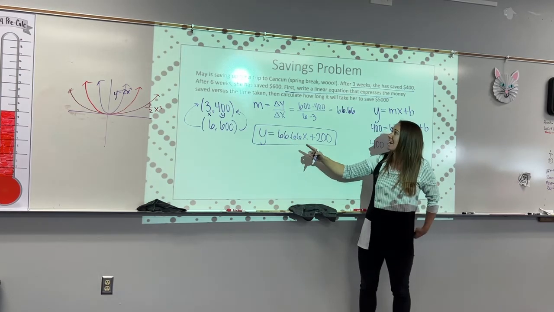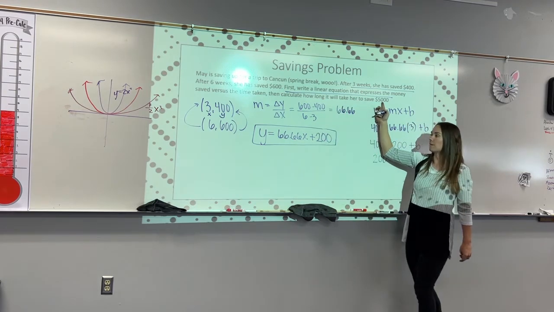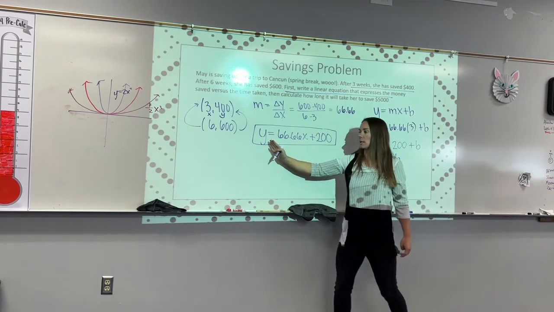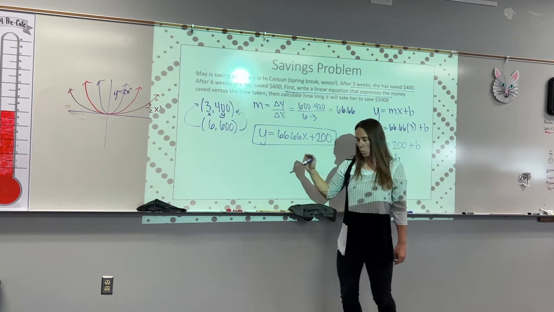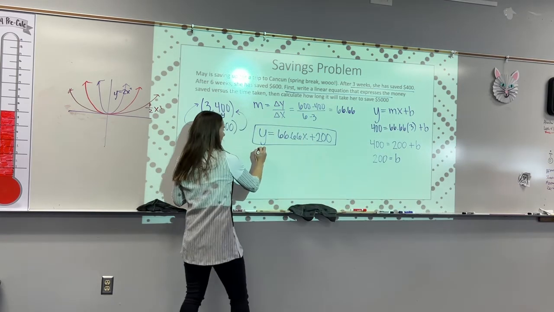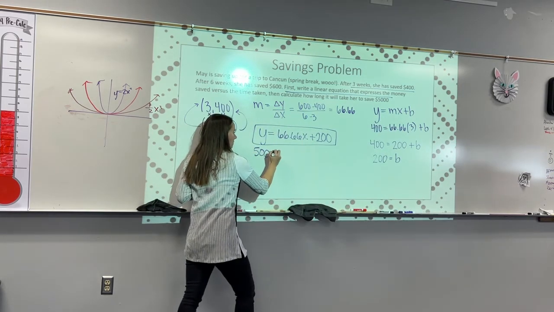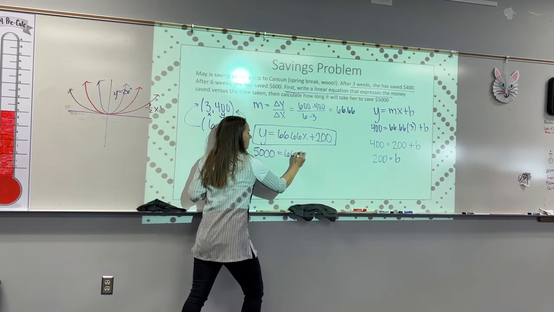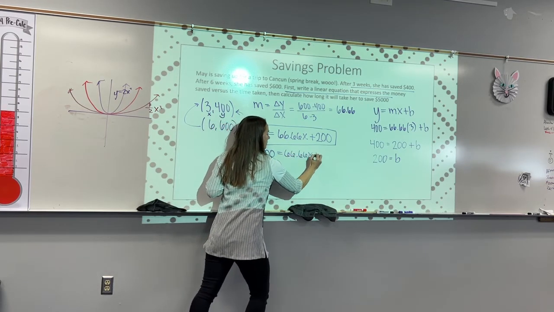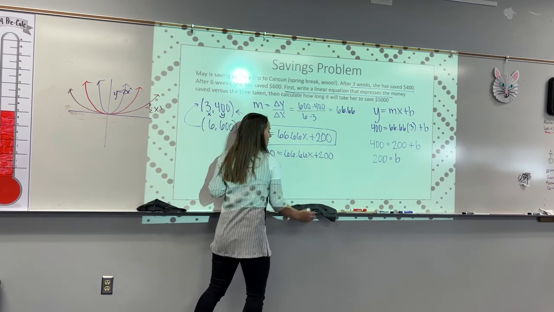Now we're trying to figure out how long it's going to take her to save 5,000. So which number here do I let equal to 5,000? Y. So I'm going to set this to be 5,000. And I want you to solve that equation for me.